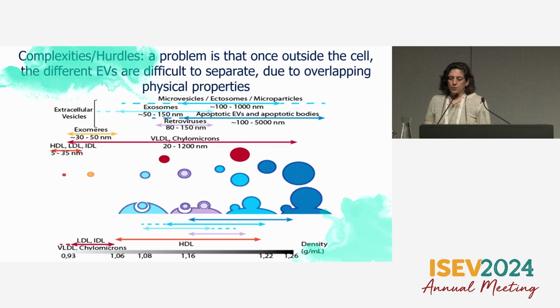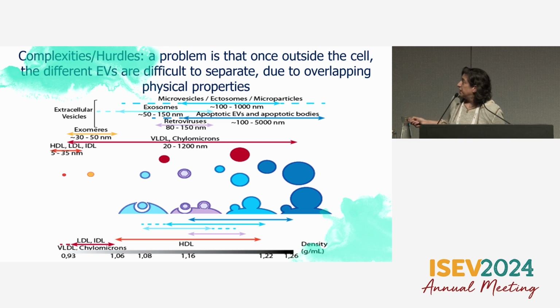So now, when you isolate EV, if you want to say that you isolate exosomes or ectosomes or a specific subtype of biogenetically secreted EV, the problem is that once they're outside the cell, the different EVs have really overlapping physical properties.